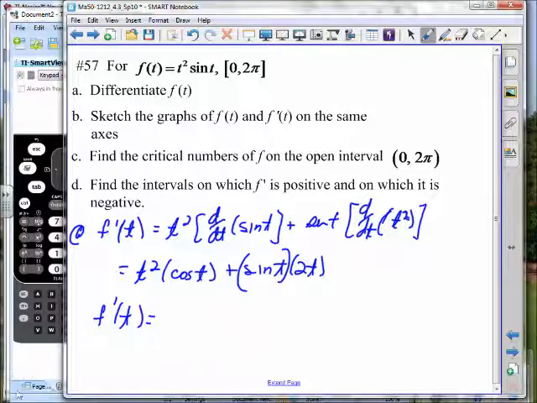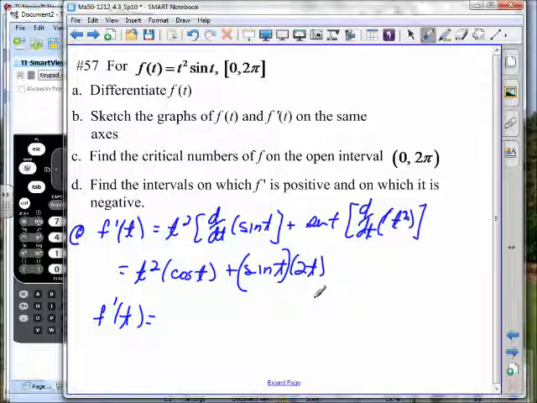Let's see here. What can we do with this? What do we need to be able to do? We differentiated it, that's fine. But down in part C, we want to find critical numbers.